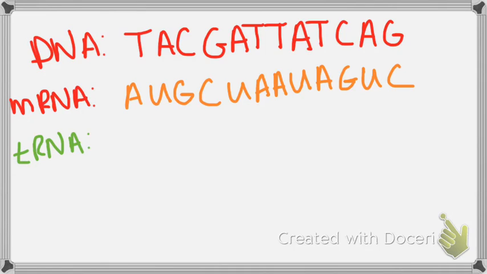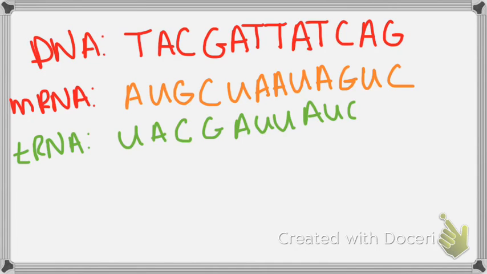Are there any T's in RNA? No. So A is going to pair with U, U with A, C with G, G with C, C with G, A, U, U, A, U, C, A, G.